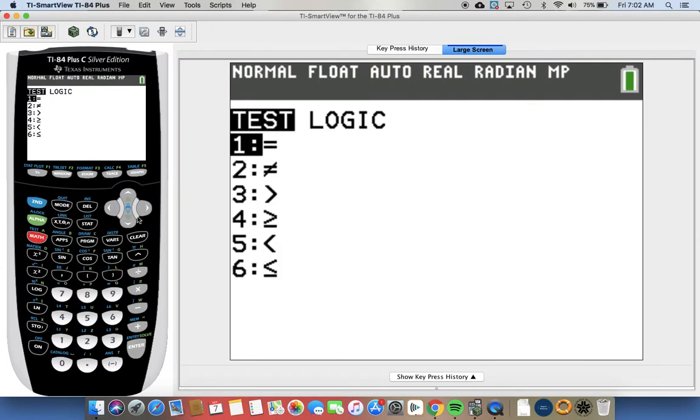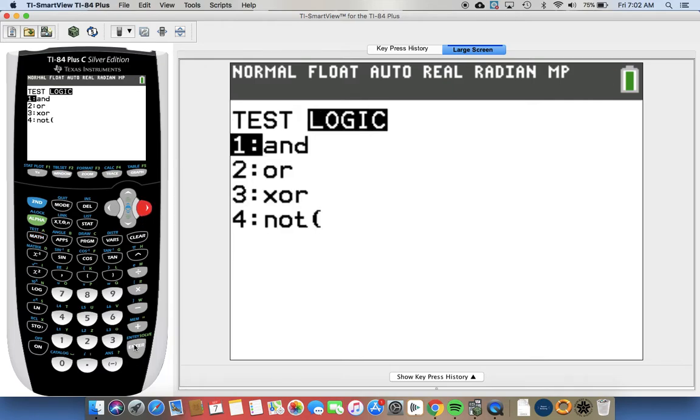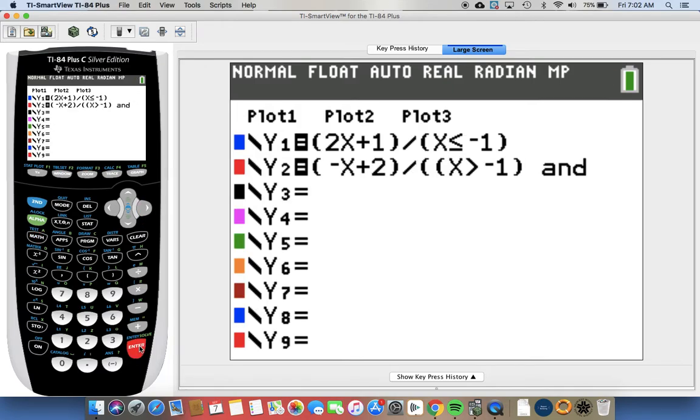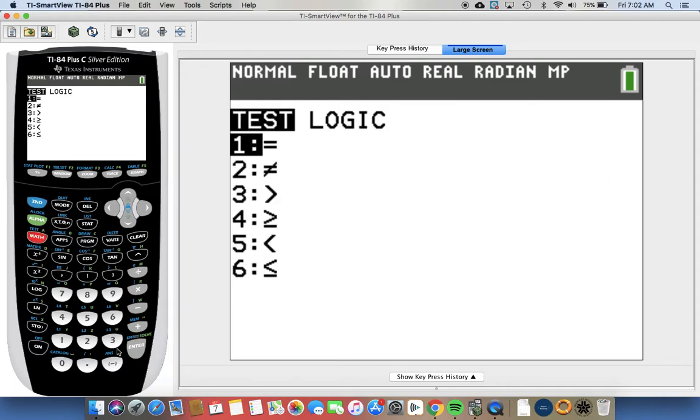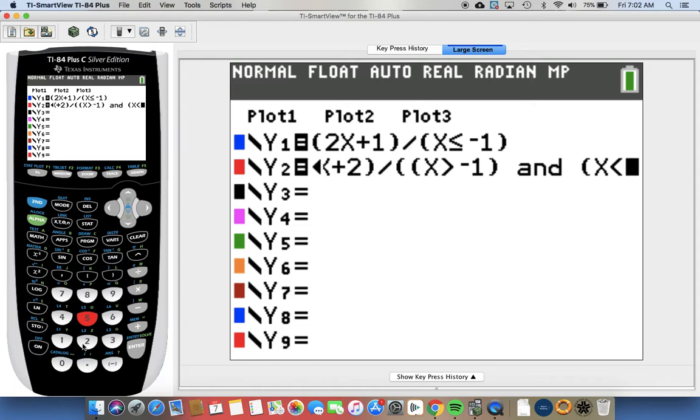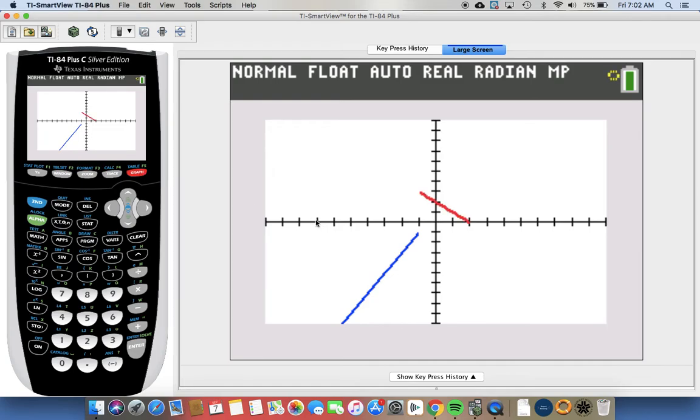So you hit second math, just arrow over to logic, and and is your first option. Now we're going to put in our second set of parentheses, x is less than 2. So second math again to get less than, option number 5, x is less than 2. Then close out both of those sets of parentheses. When you hit graph, there's your second piece for you.